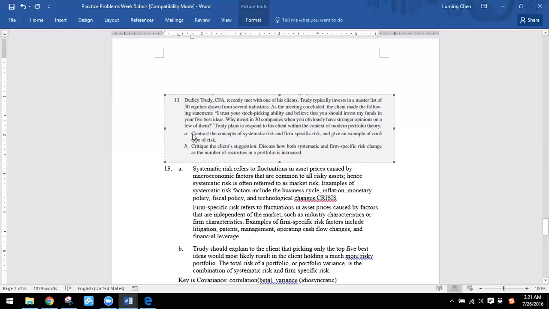A, contrast the concepts of a systematic risk and firm-specific risk and give an example of each type of risk.